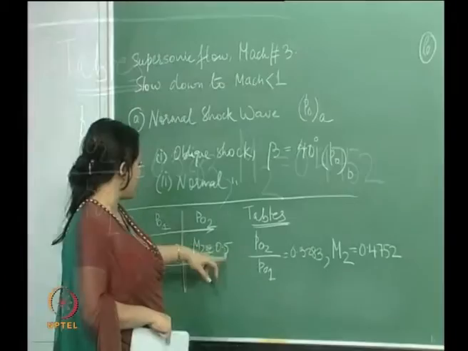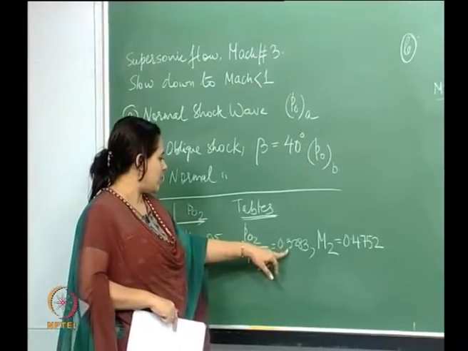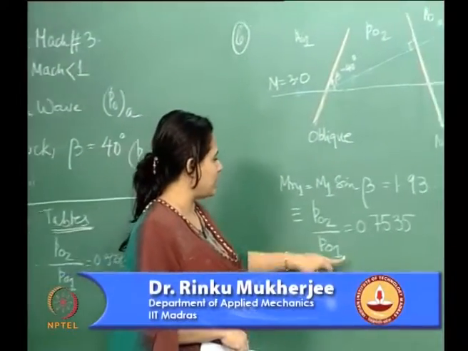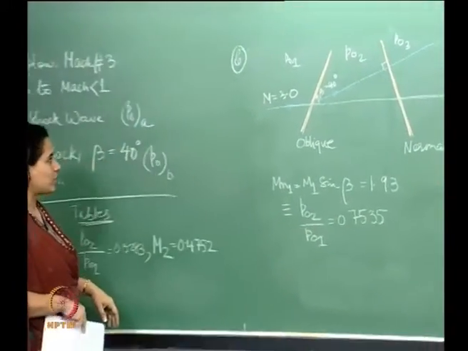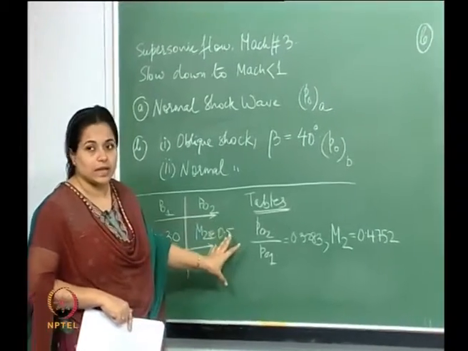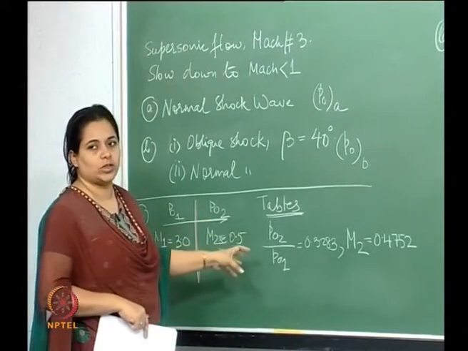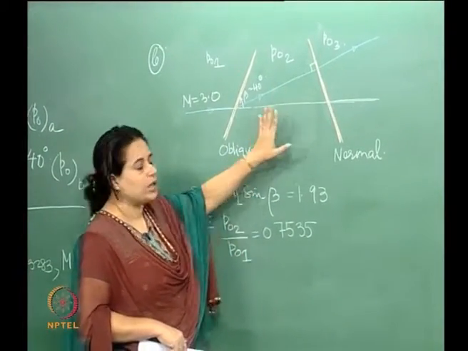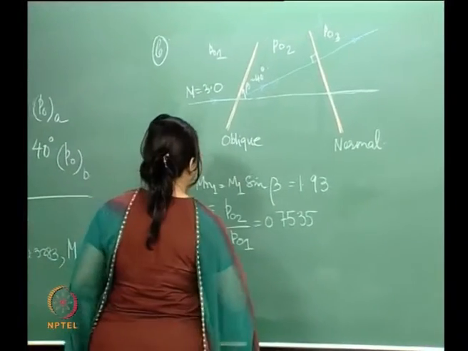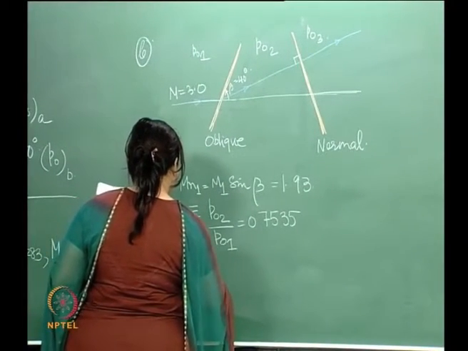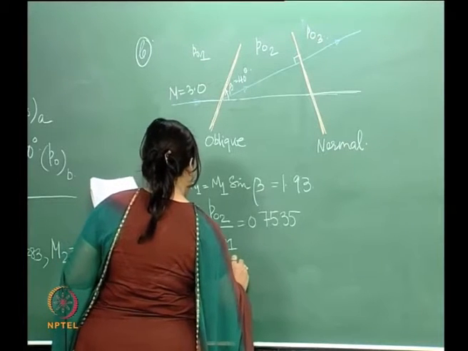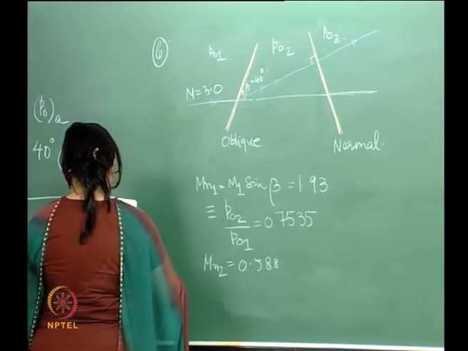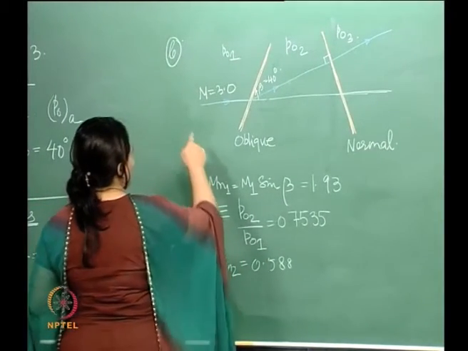So P02 is 0.3 times P01, and P02 in this case is 0.8 times P01. So in this case P02 is less. So the total pressure behind the normal shock is actually less than the total pressure behind the oblique shock in this particular case. And of course then we calculate the Mn2, which is around 0.6, and of course then we have an M1.